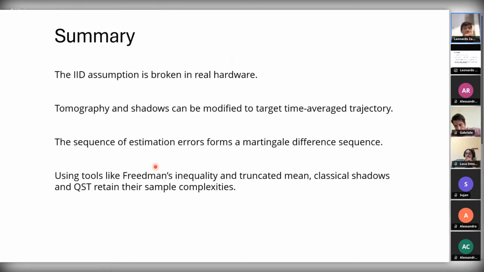We can do this because the sequence of estimation errors forms a martingale difference sequence. It acts a bit like a random walk. Because the sequence of errors satisfies this property, we can use Freedman's inequality to show the convergence of our estimators and show that they retain the same IID sample complexity, but this time under adaptive noise.